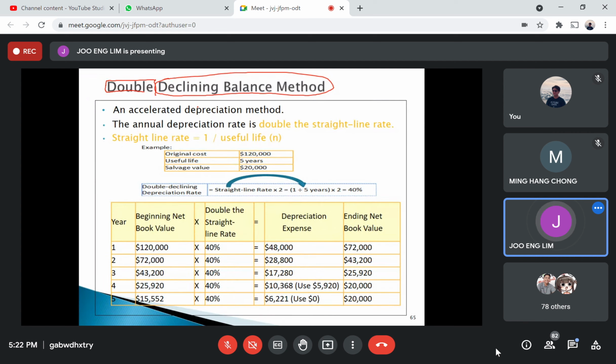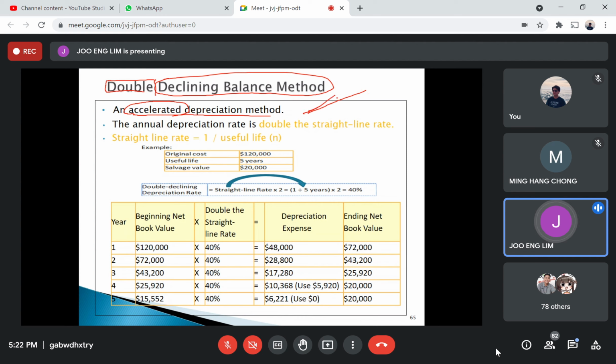Each of them has a different formula actually. So you have to look at the formula, but it works the same way. It is an accelerated method. I put them under the accelerated depreciation method. So what is the meaning of accelerated here? Accelerated means acceleration. That means you don't want it to go straight, but you want to make it faster.